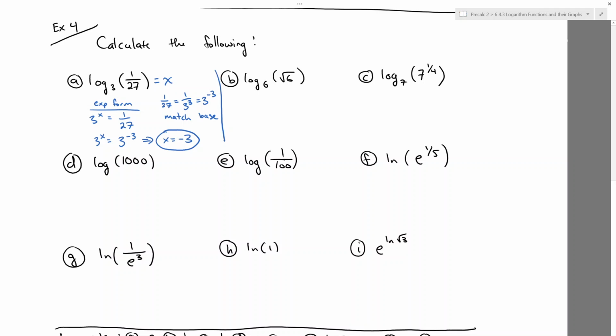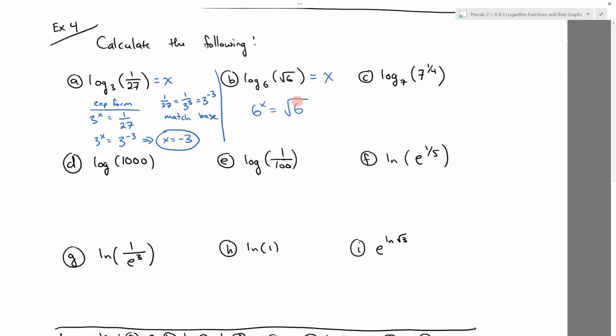So let's try to do that. Right, so again, let's put in that it's equal to x. And then in exponential form is the base raised to the exponent. So 6 to the x is equal to this thing. So it is equal to square root of 6. So how do I write the square root of 6 as an exponent?